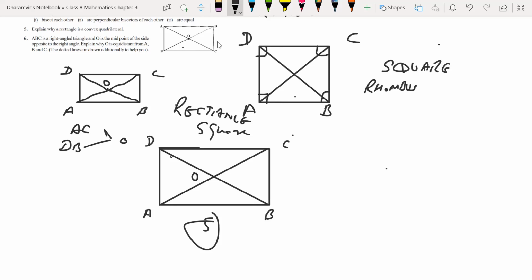The dotted line is nothing but to help you only. So let's draw a right angle triangle.